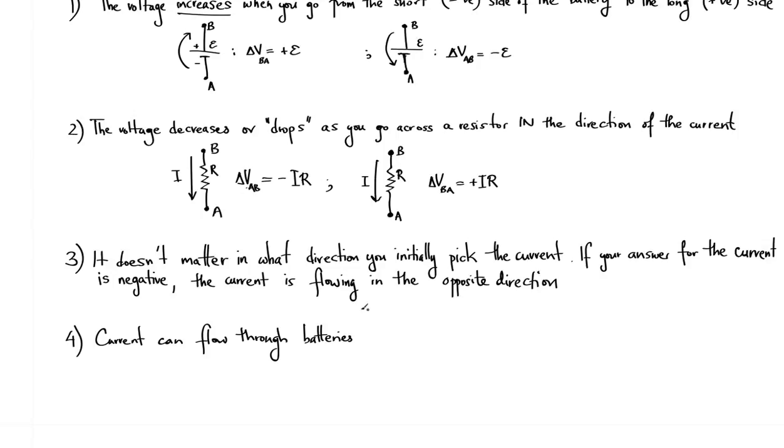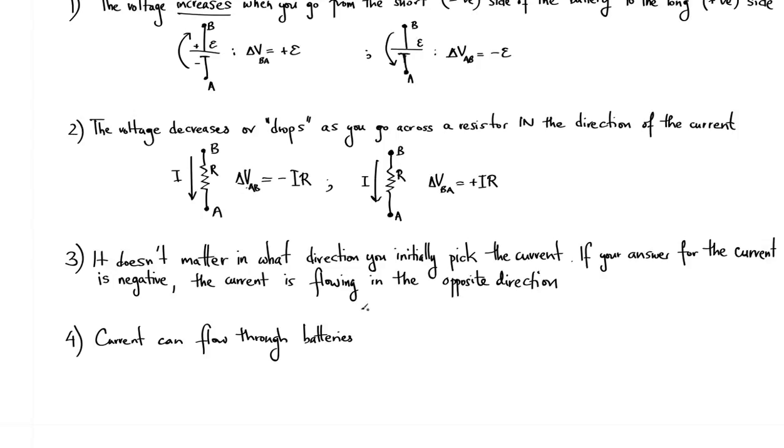And the fourth thing is that if you look at a battery, in fact, current can flow through a battery. In reality, it's actually not flowing through the battery. You have a positive terminal and a negative terminal, and for instance, in a lithium-ion battery, you have some charge stored in there that can move from one part of the battery to another.